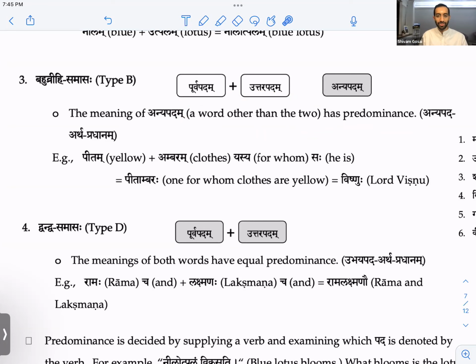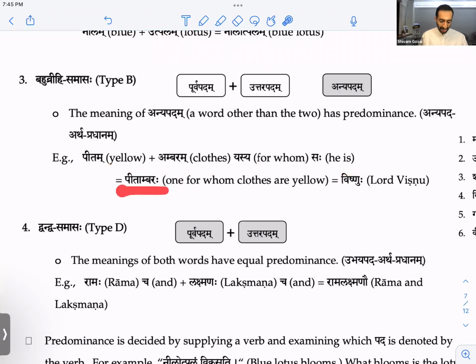What do we mean by other 2? So we saw pitam, meaning yellow, ambaram, clothes. If I say pitambaraha, the word pitambaraha is the one for whom the clothes are yellow.